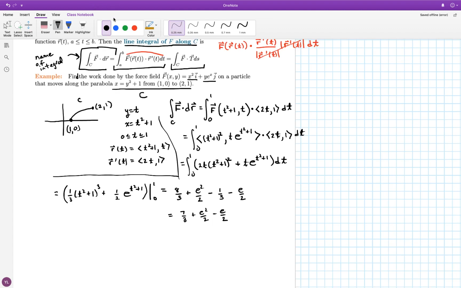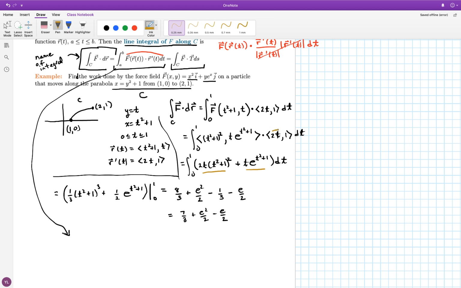All right, one more thing that I wanted to say about these line integrals of vector fields. If you notice, right at this stage right here, what I had was two line integrals with respect to x and with respect to y. Why is that?